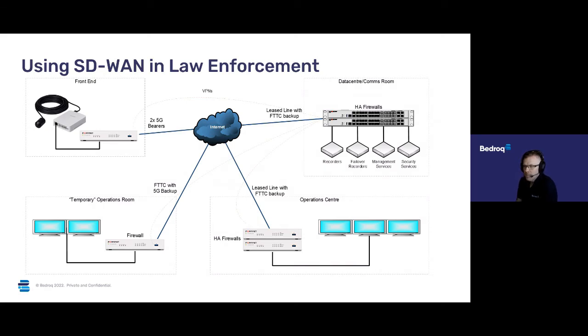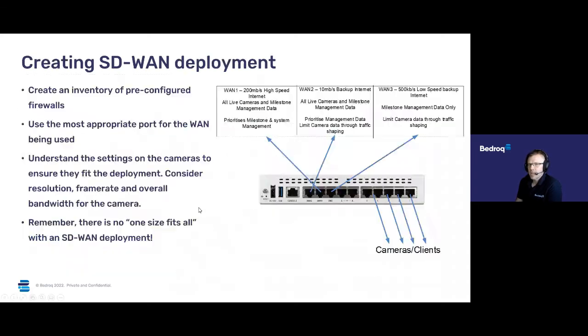We know some customers do that. And be able to make a connection that way, and have your temporary operations room be as versatile as your front ends. So let's have a look at an SD-WAN deployment.